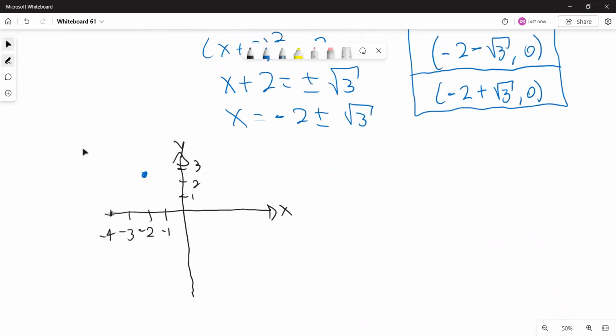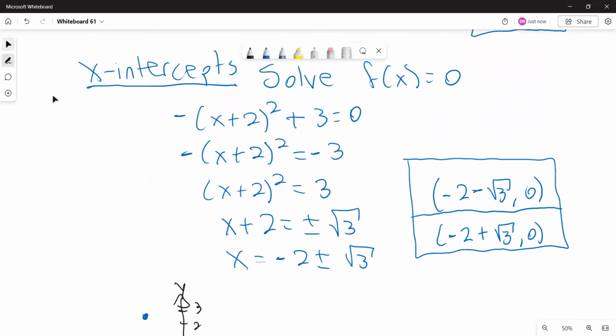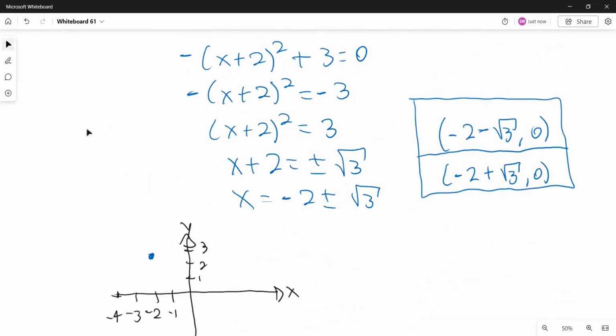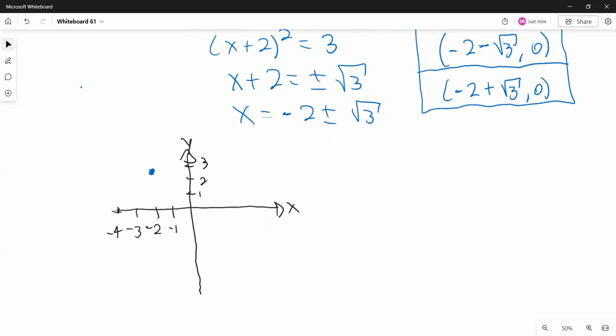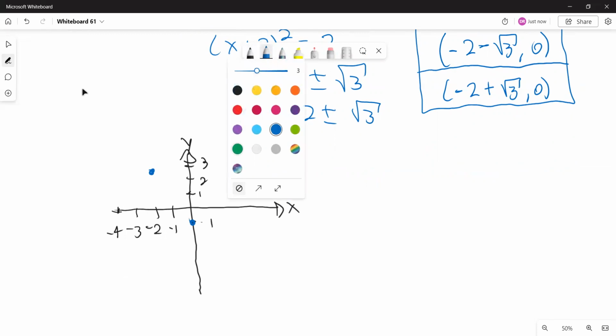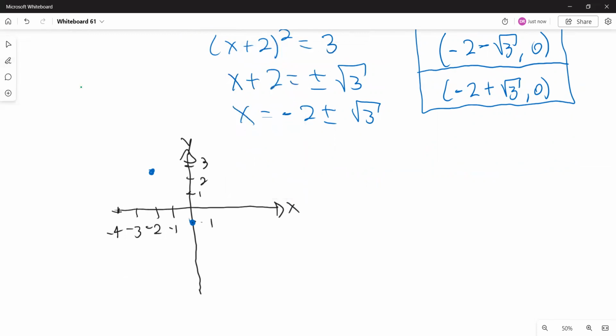And the y-intercept is (0, -1). So the axis of symmetry passes through the origin, not through the origin, through the vertex.